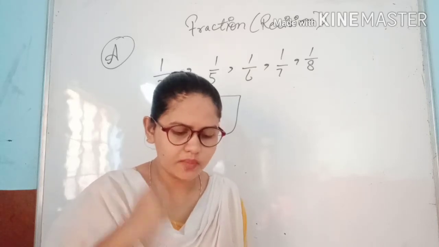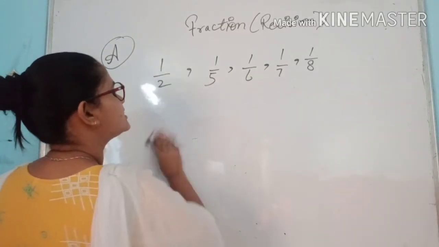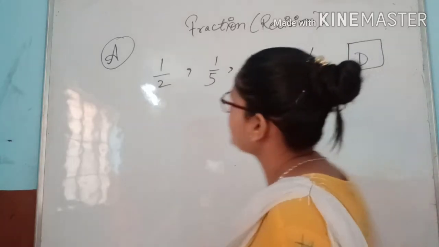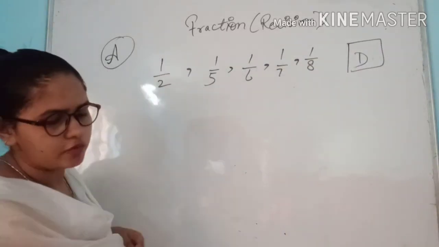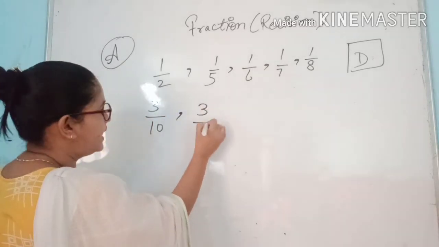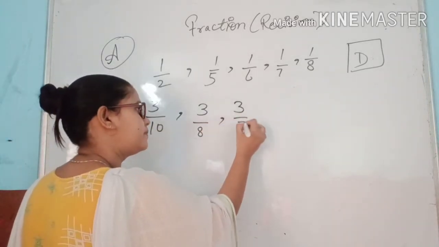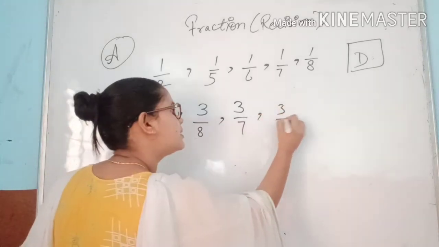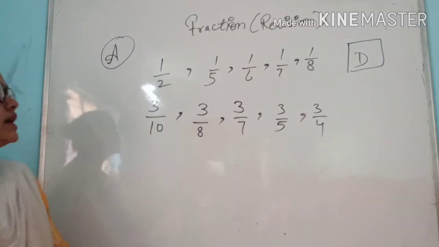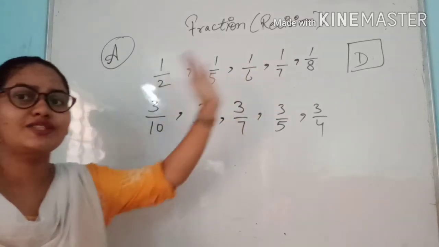Now we will do one more quickly. This one is D for us. Now let's come to another one where we have 3 by 10, 3 by 8, 3 by 7, 3 by 5, 3 by 4. Which rule is followed here? In the above section you can see 2, 5, 6, 7, 8, which means smallest to biggest.